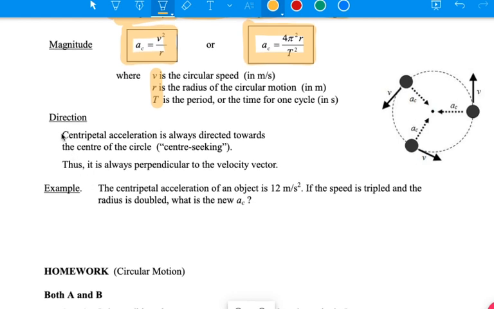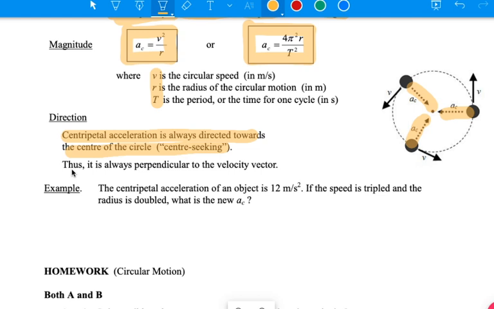All right, direction. The centripetal acceleration is always directed towards the center, so it is center seeking. So it's always pointed towards the center. You can see here all three of those centripetal accelerations. Doesn't matter where our object undergoing uniform circular motion is in its path, the centripetal acceleration is always directed to the center, center seeking.